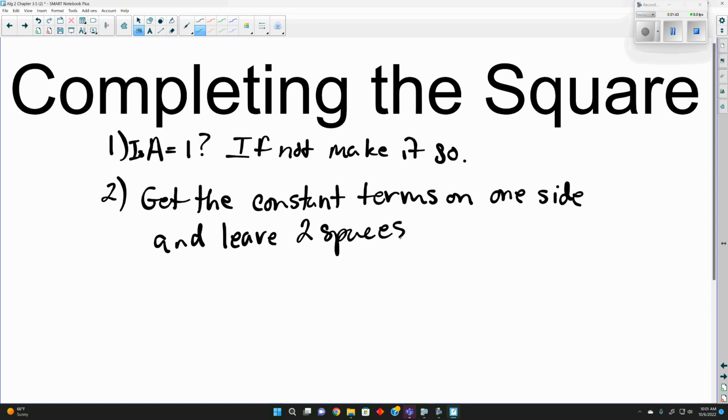The second step is to get the constant terms on one side and leave two spaces.